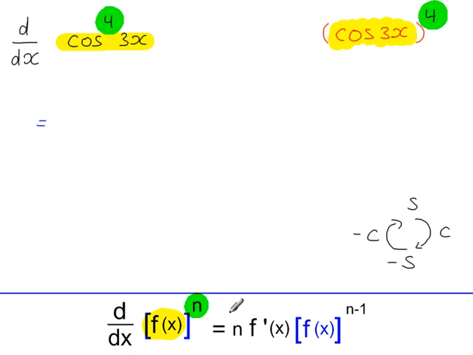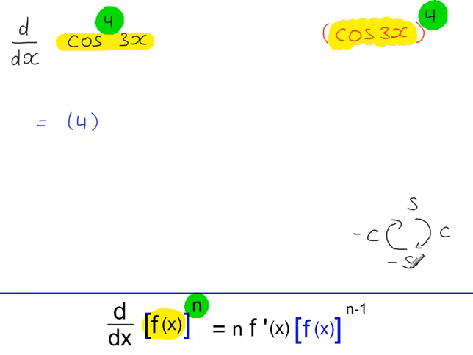So, starting with n, the power, so we start with a 4, times the derivative of the function in the brackets, the cos 3x, so we have to differentiate cos 3x.